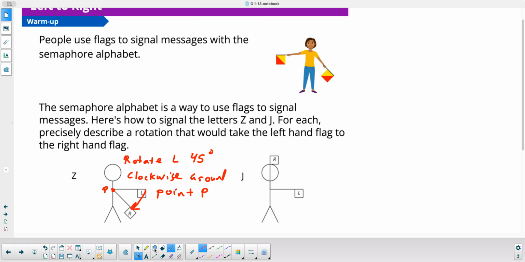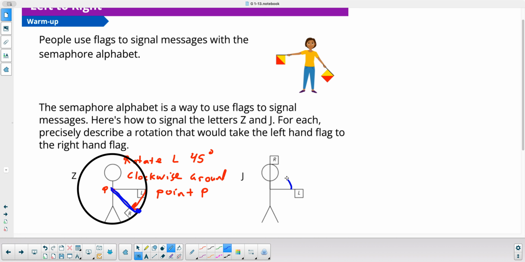You can think of it kind of like if there was a circle here, this point is going to rotate around the circle, okay? So then my new flag is right there, okay?